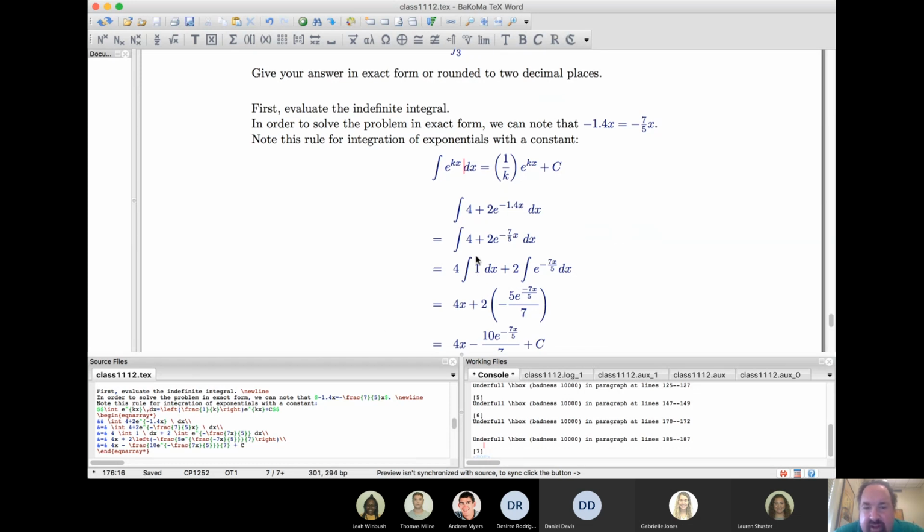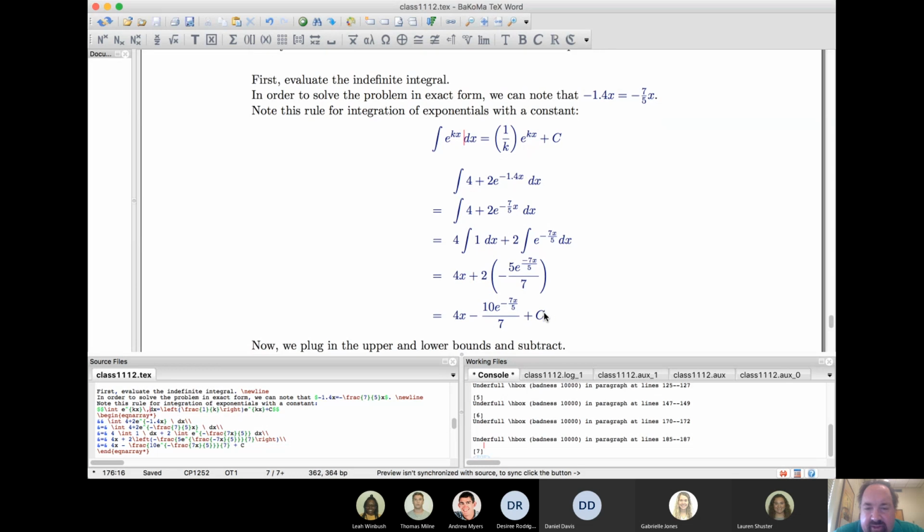So we break this up into the sum of two integrals, the integral of 1, and then the integral of e to the minus 7/5 x. And when you take the integral, you have the integrand, e to the minus 7/5 x, but you divide by minus 7/5, so that's why we have this minus 5/7 here.